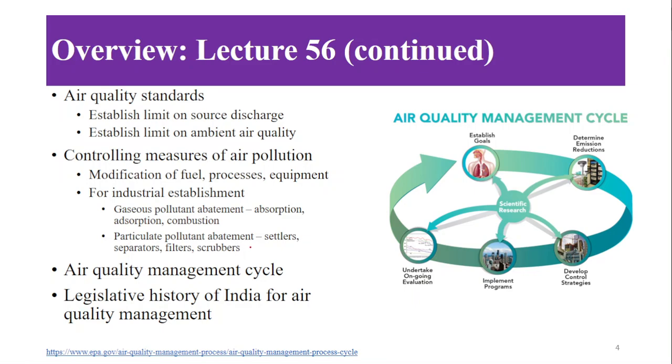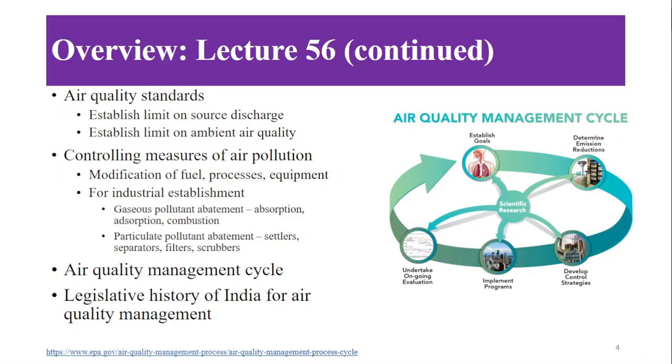The air quality management cycle has different steps which are shown here. Firstly, we need to establish goals, to see how much air pollutant emission is present in a particular area, and based on that, how much needs to be reduced for the safety of the public and the environment.